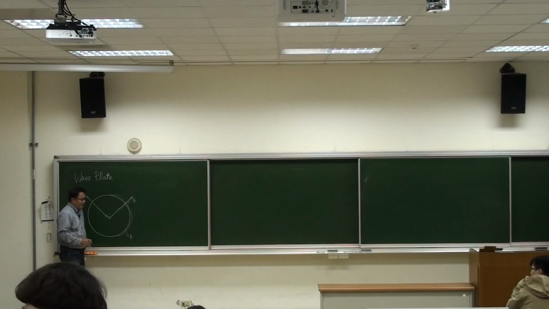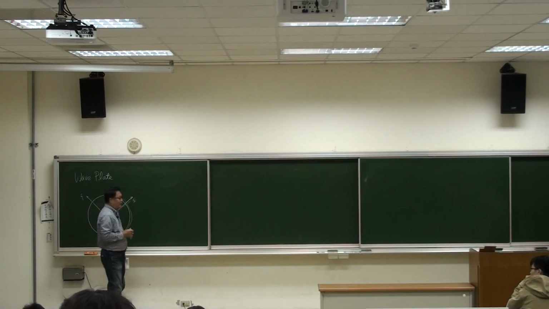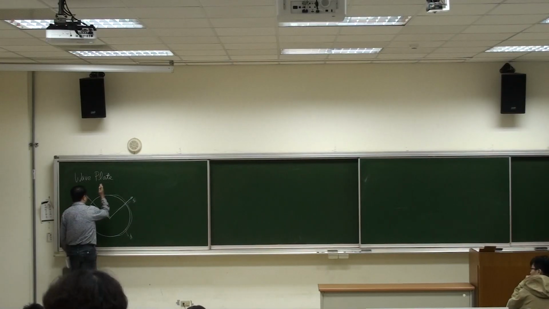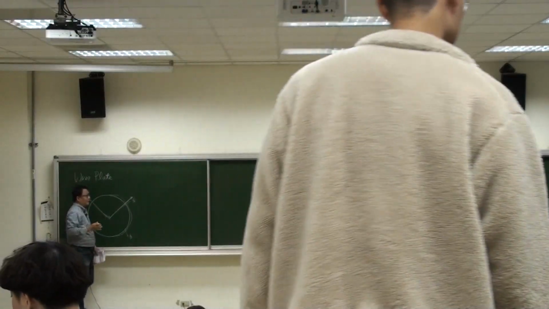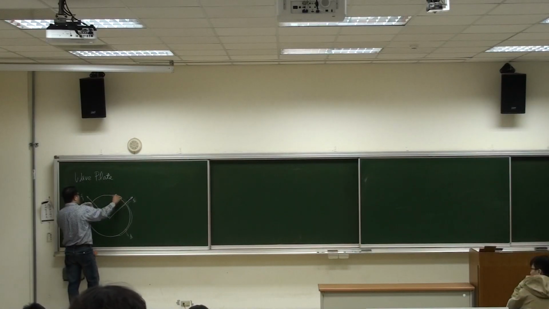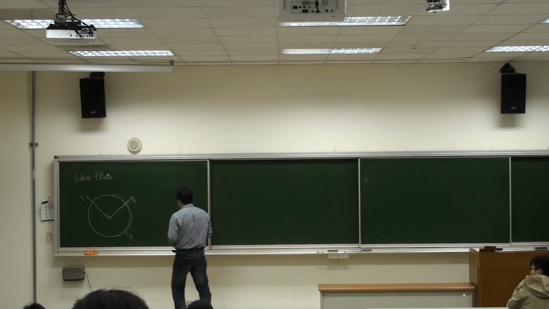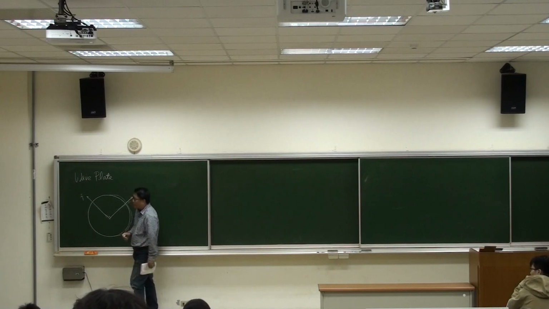Then, if we send a beam of light whose electric field is along some arbitrary direction, then we can project this electric field to the two principal axes to get the corresponding two components.